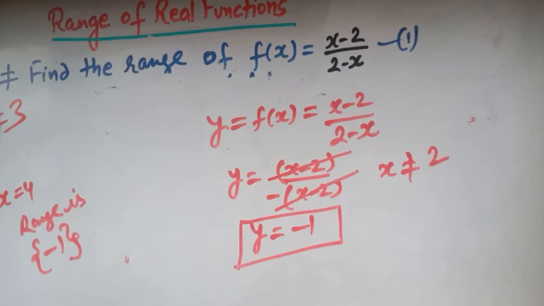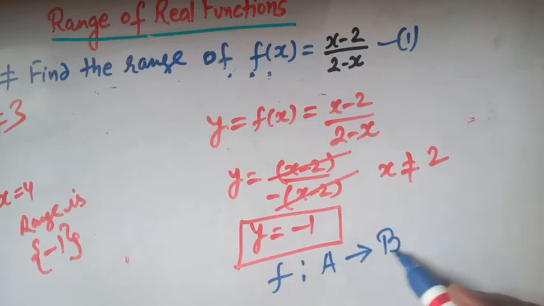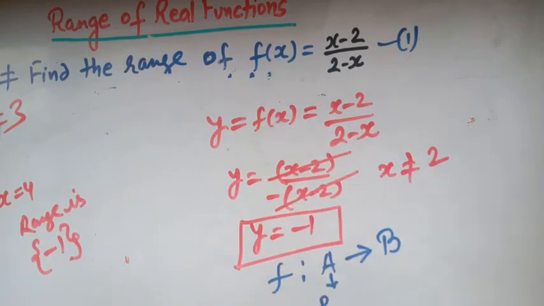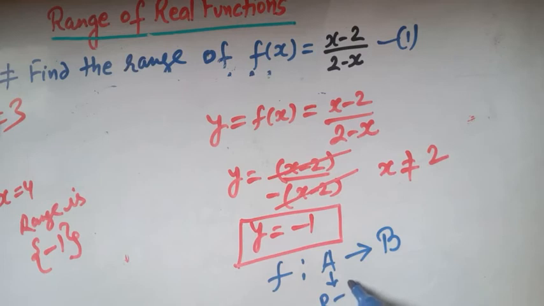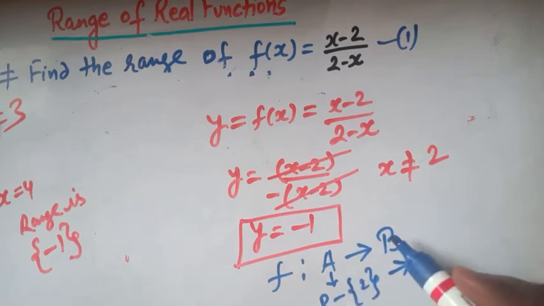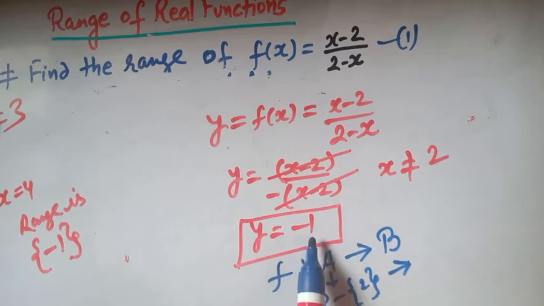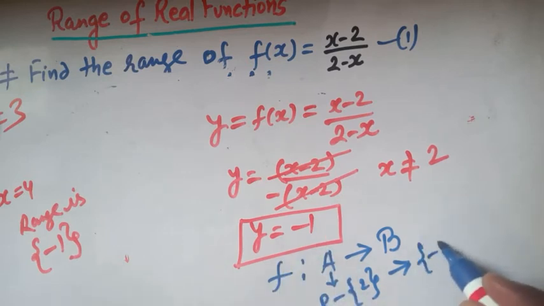So in terms of notation, we can write f is the function defined from the domain set A to the codomain set B, and here this set A is R minus 2. The range set is only minus 1, clear.